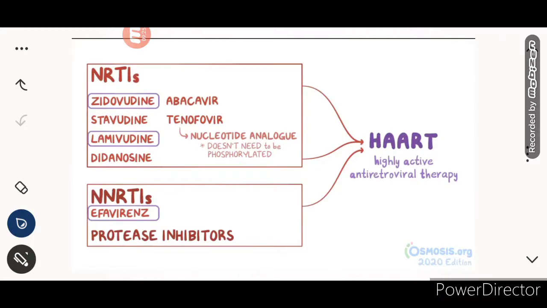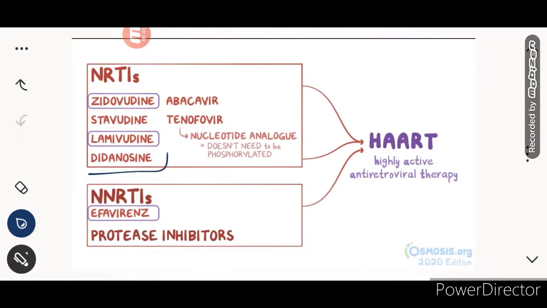Zidovudine, lamivudine and efavirenz plus protease inhibitors, these four drugs are combinedly used in HAART. Abacavir and tenofovir are some examples, and tenofovir is a nucleotide analog in itself, so it doesn't need to be phosphorylated.